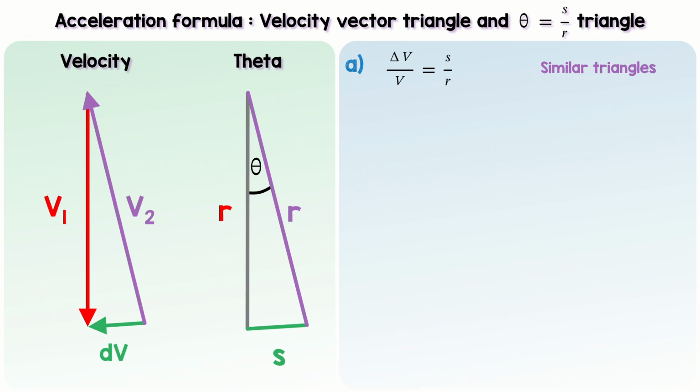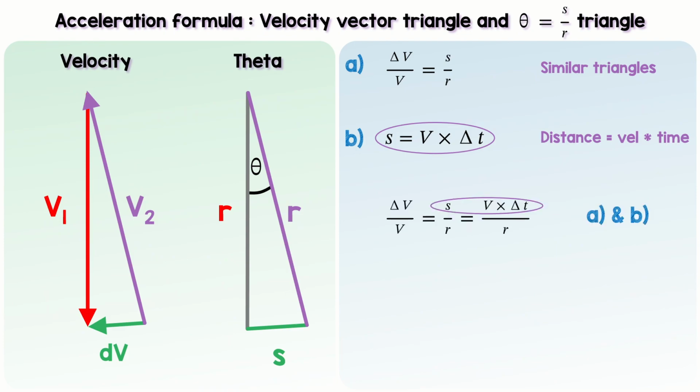But we also know that the arc distance traveled S equals velocity times time, because distance is velocity times time. And if we substitute velocity times time for S in equation A, we get dv over v equals v dt over r.